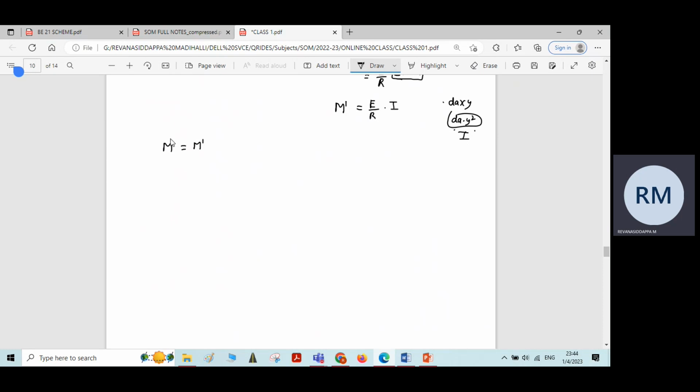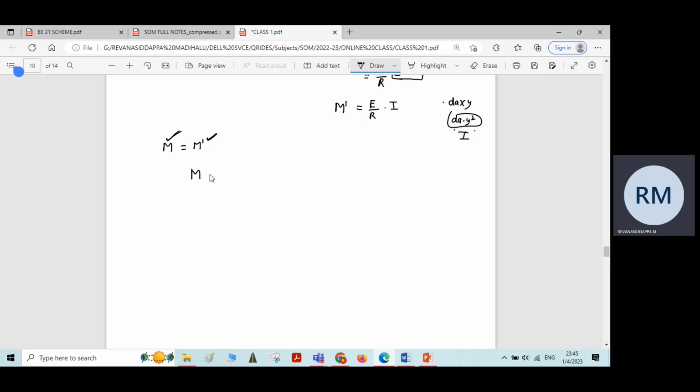Here M is the moment due to externally applied load. M dash is the moment of resisting force. M is the moment of acting force, M dash is the moment of resisting force. To maintain the equilibrium, whatever moment is acting should be equal to the moment resisting. Therefore I will replace this M dash by M in the next step.